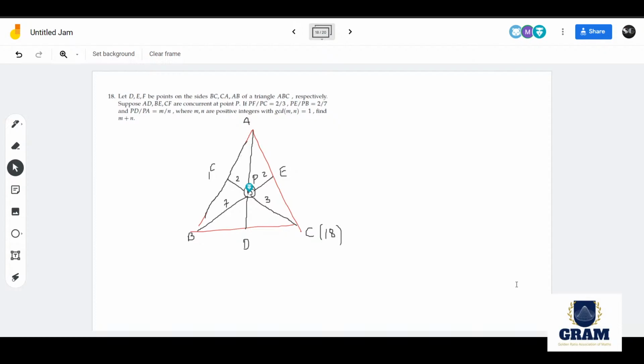So now this problem becomes easier. The combined mass at A is 27 plus 35 and the mass at B is 10 plus 18. So mass at B is 28 and mass at A is 35 plus 27, that is 62.